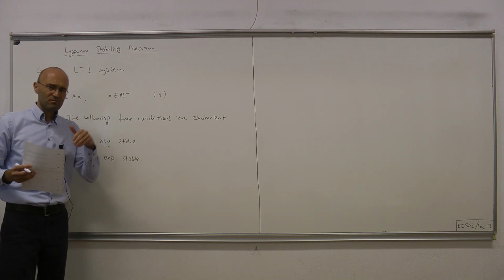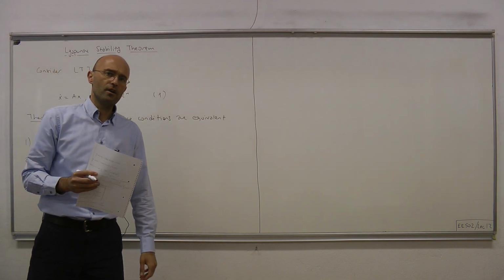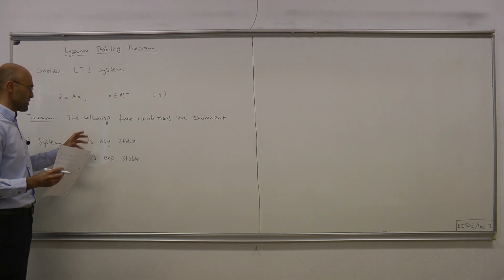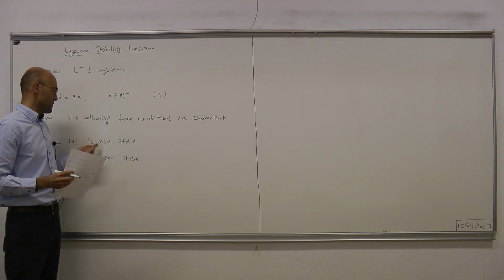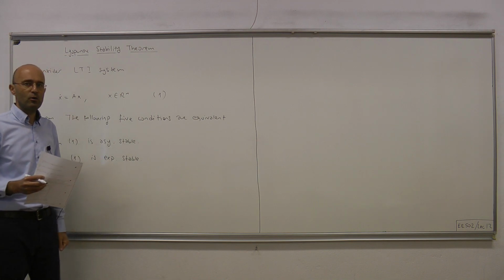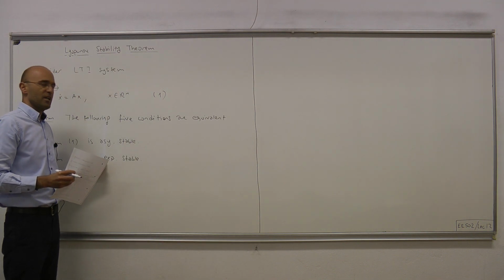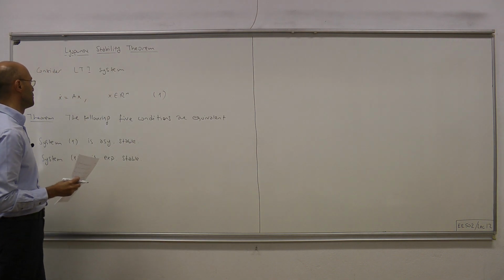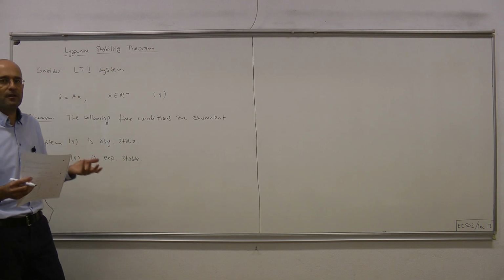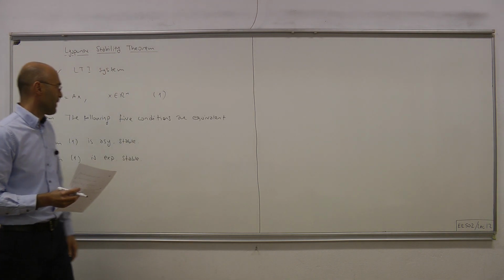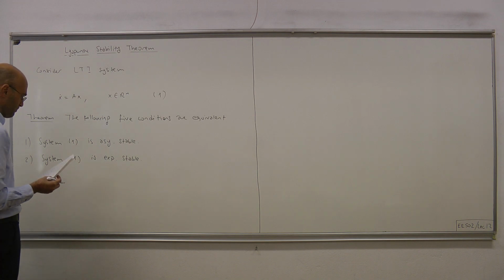That is, the convergence is of exponential order. We discussed this earlier. For an LTI system, these two things are equivalent. Whenever you have asymptotic stability, you automatically have exponential stability too, which is not the case for a linear time varying system or a nonlinear system.